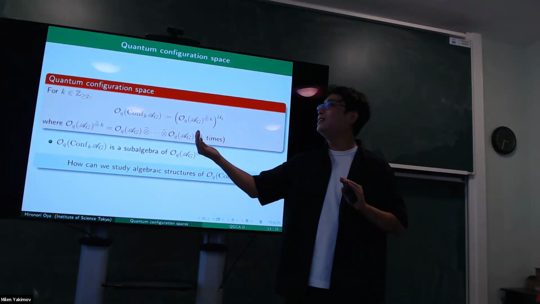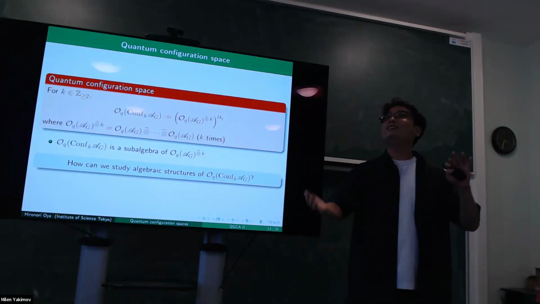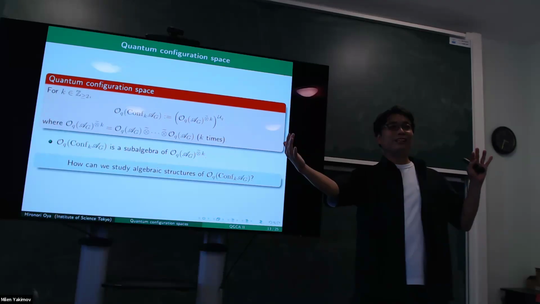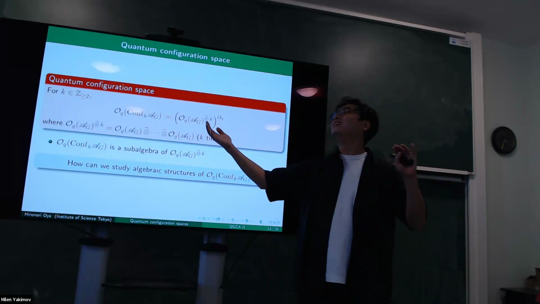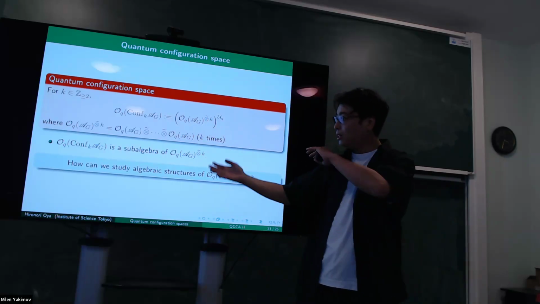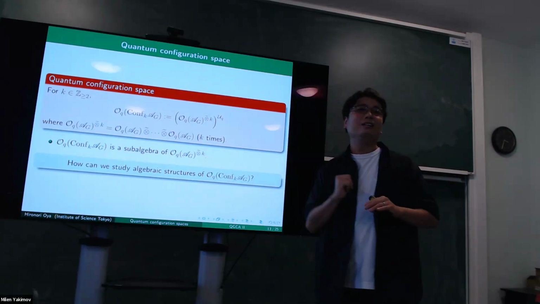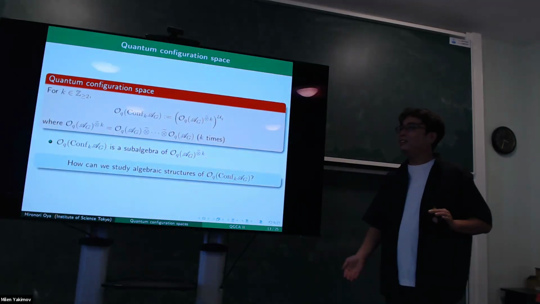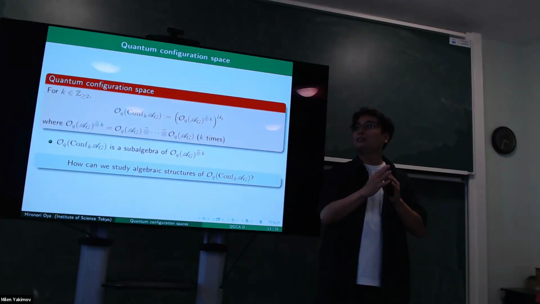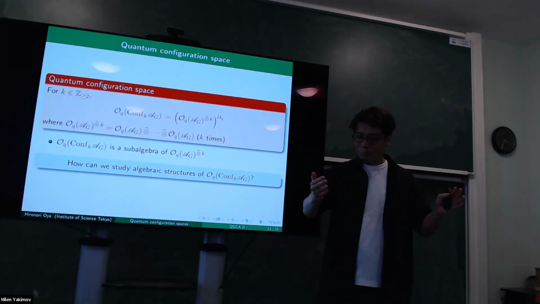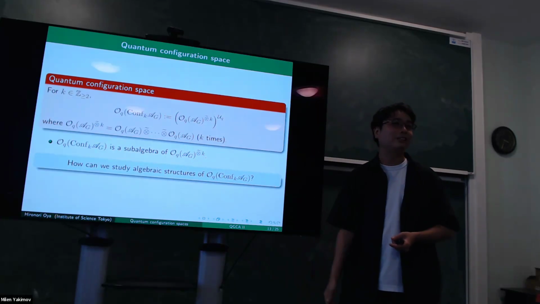To study the multiplication structure, we need to deal with very complicated sums, because we don't have apparently easy elements, since we took the invariant part. The element is always written as a sum of several elements, and the multiplication of such elements is quite complicated. So how can we study the algebraic structure?